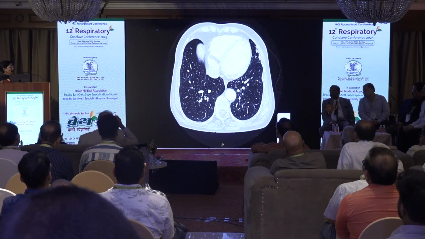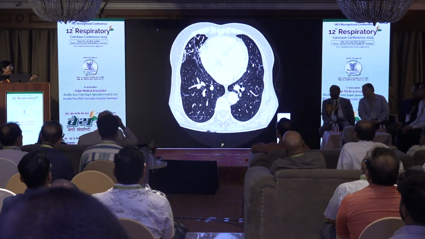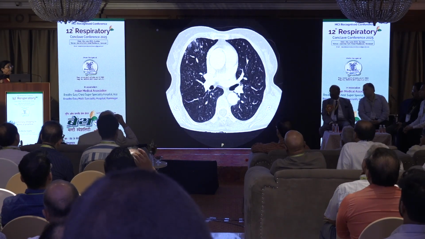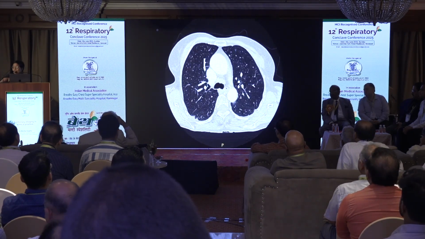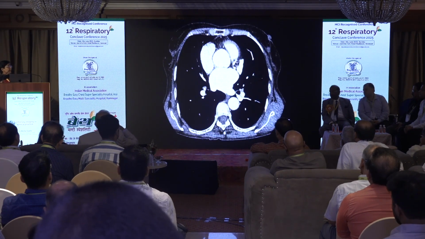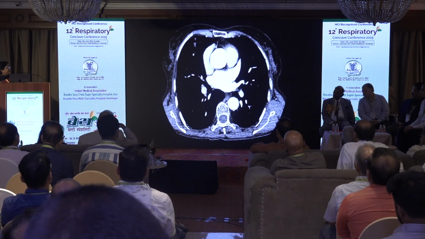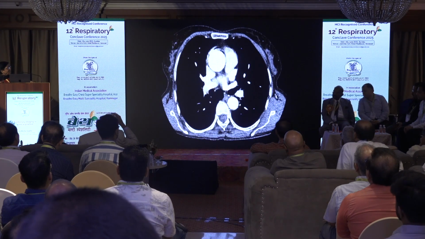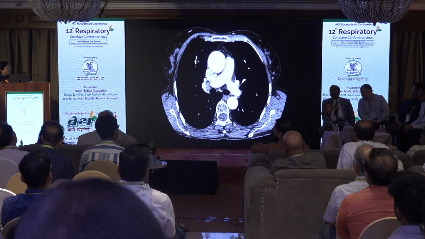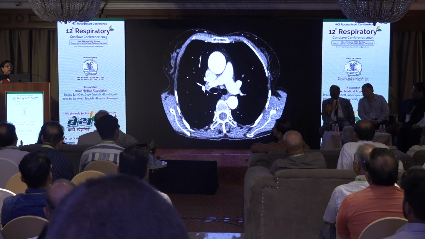So this was an HRCT for this patient, which certainly showed bronchiectasis in the right middle lobe and some in the lingula as well. You would do a sputum examination, which certainly we have to do. But this was a CTPA done for this patient, and if you could follow up the things, you would say that we could identify the tortuous and hypertrophied bronchial vessels.